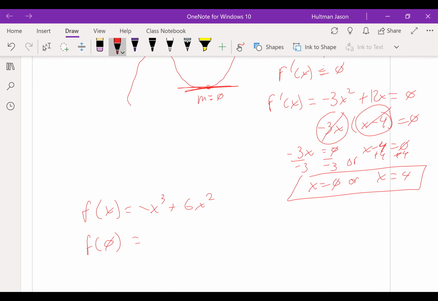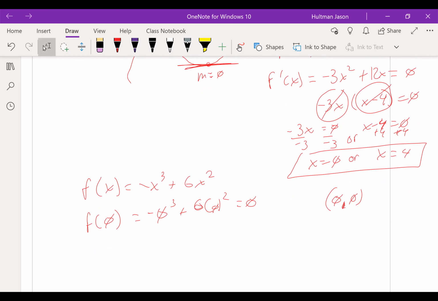That's negative 0 cubed plus 6 times 0 squared, which equals 0. So 0, 0 is where this goes. This has one horizontal tangent here, at point 0, 0.